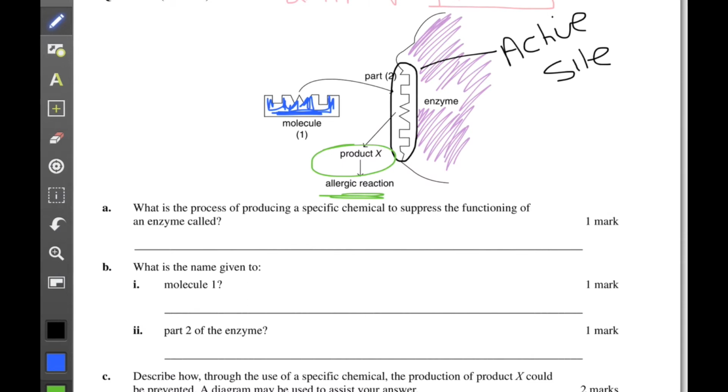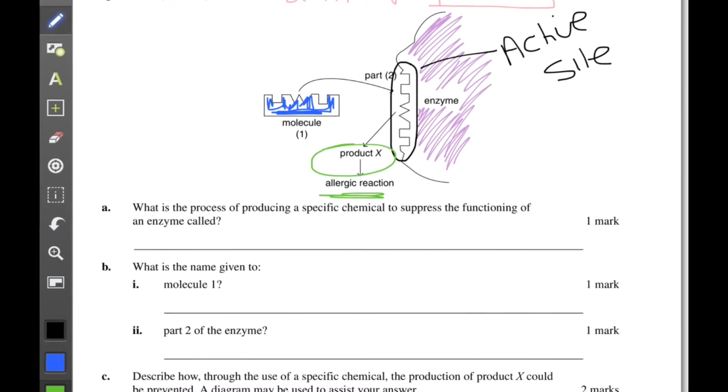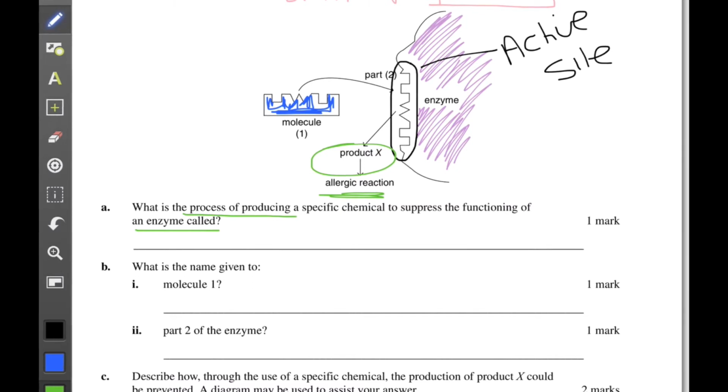So, let's go to the questions. What is the process of producing a specific chemical to suppress the functioning of an enzyme called? Now, this is something we haven't directly come across. It's been squished a lot out of the study design, so I don't expect it to really pop up in the exam, but it's again good for you to know.